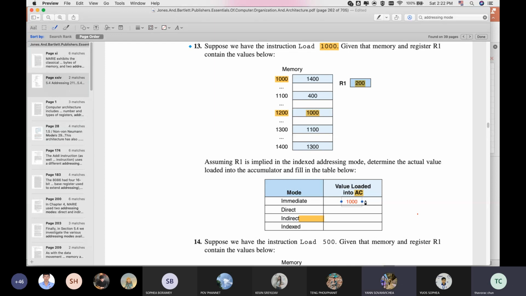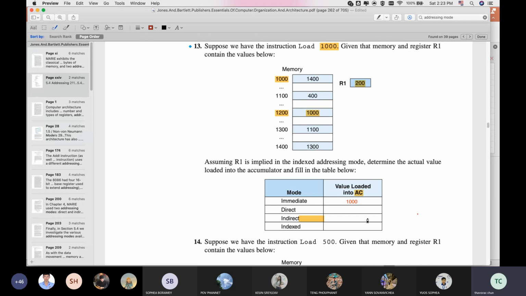Why is it 1000? Because the instruction is load 1000, and if it is the immediate addressing mode, the data is in the instruction directly, which means 1000 is the data that we need to copy into the accumulator.